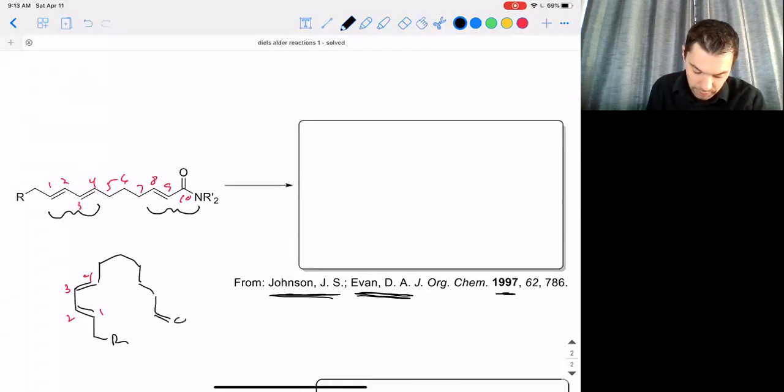So 10 then would have... just make sure I didn't make any mistakes. 5, 6, 7, 8, 9, 10. Okay, so that should be okay. And now we can imagine this Diels Alder reaction happening this way. Oops, not that arrow.